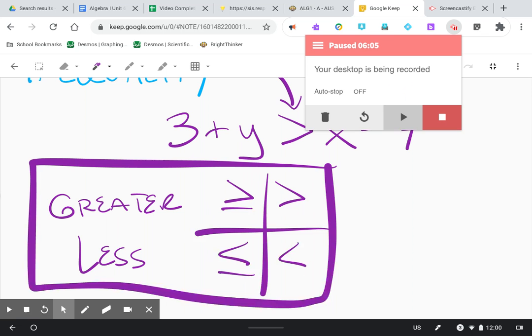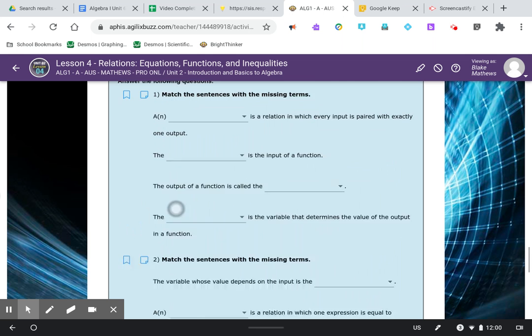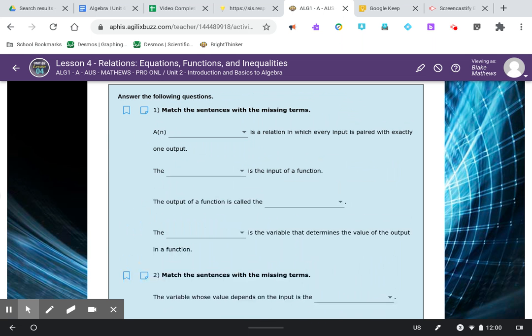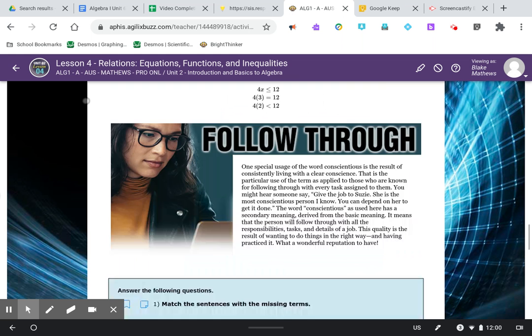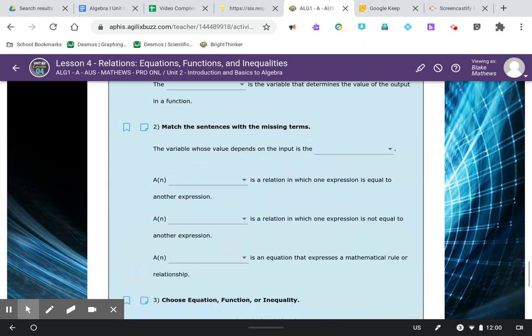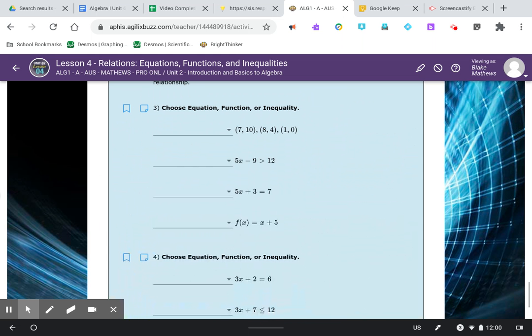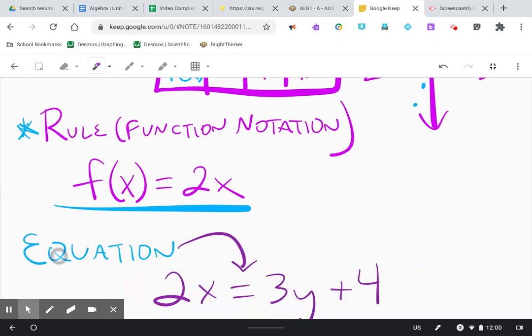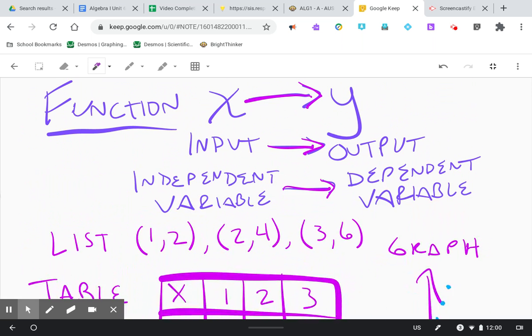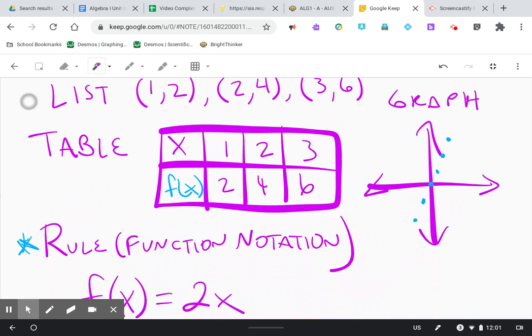So basically all they want you to do in this lesson at the bottom is, again, first some vocabulary. So use the bold-faced words at the top and the vocabulary throughout the lesson to answer those. Should be pretty straightforward. But then they want you to categorize as equations, functions, or inequalities. So remember what I told you is that functions and relations are both able to be represented as lists of ordered pairs or as function notation.